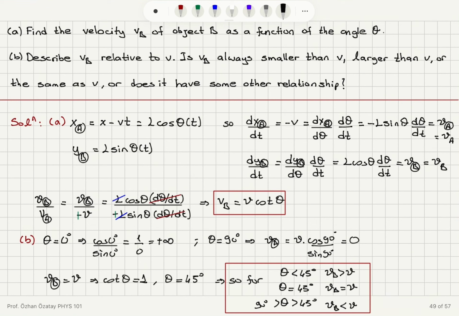L's and d theta/dt's cancel, and I find that VB is related to V with a factor of cotangent theta. When theta equals 0, the ratio is infinite, so VB will be very, very high. When theta equals 90, VB will be 0. And when theta equals 45 degrees, VB is equal to V.